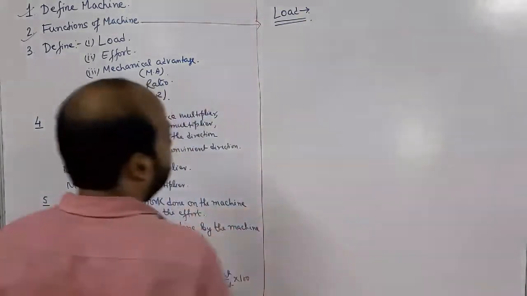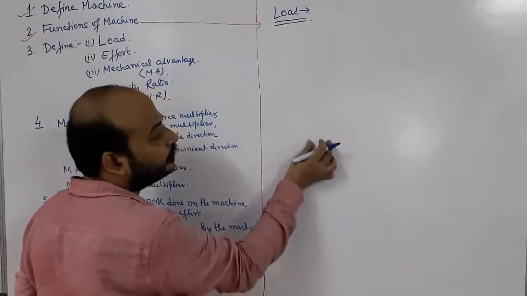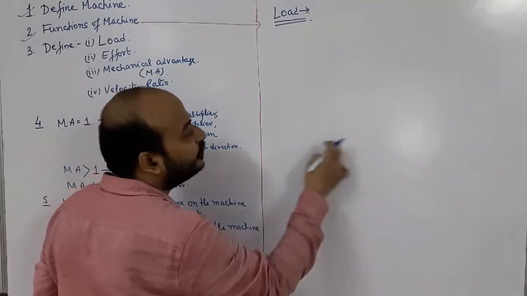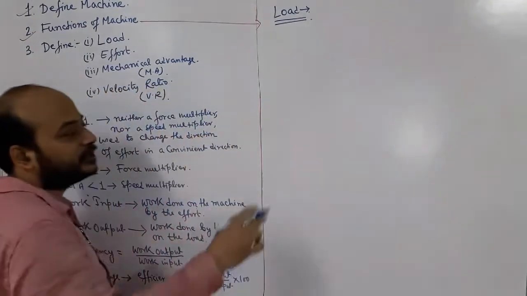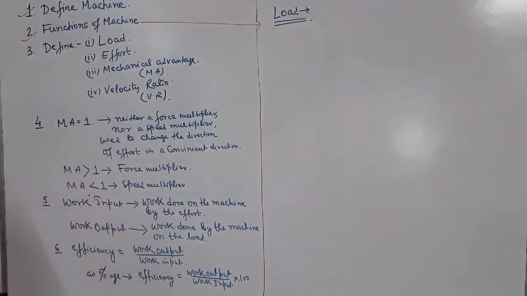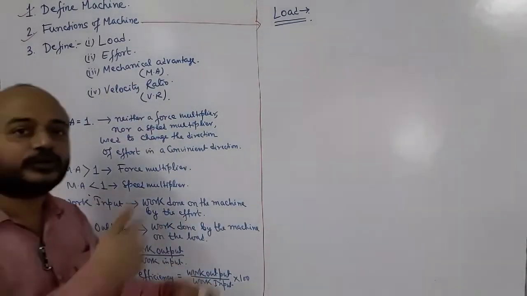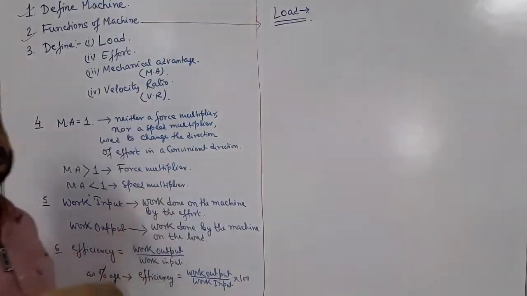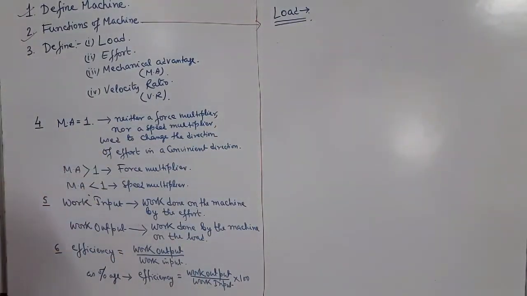Just now I showed you that the bucket is the load. In the bicycle, the wheel is the load, because by rotating the pedal of the bicycle, we are actually overcoming the load. So the wheel is the load.